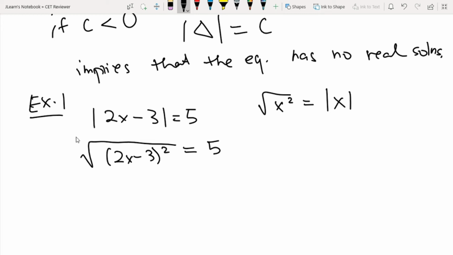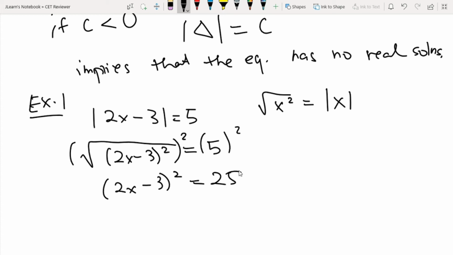So, pag square natin both sides, matitira sa atin is 2x minus 3 squared is equal to 25. Now, we can just take the square root of both sides ngayon, no? Balik rin naman natin, square root ng both sides. We can say na ito ay equal sa 2x minus 3 is equal to plus and minus 5.